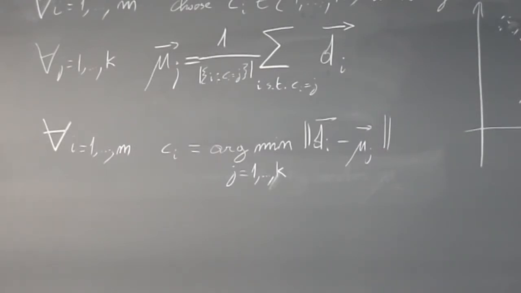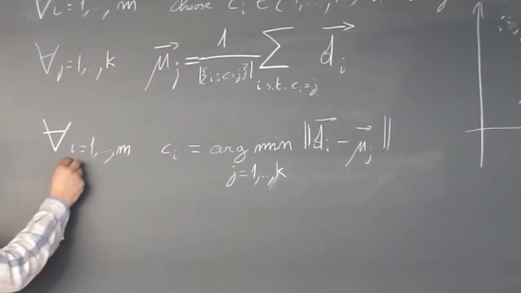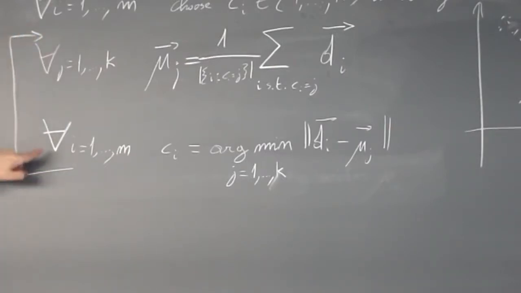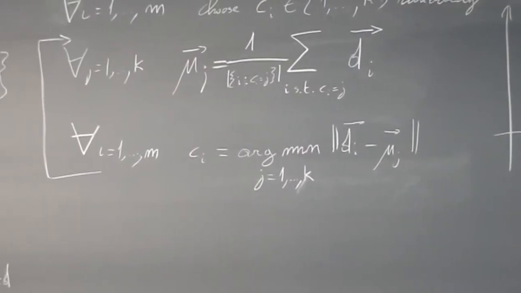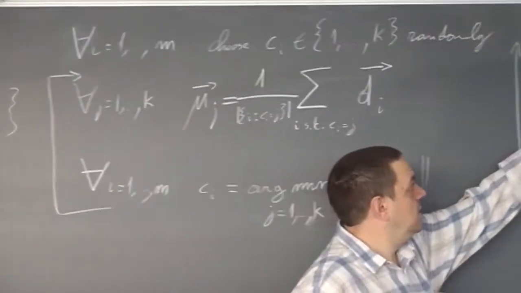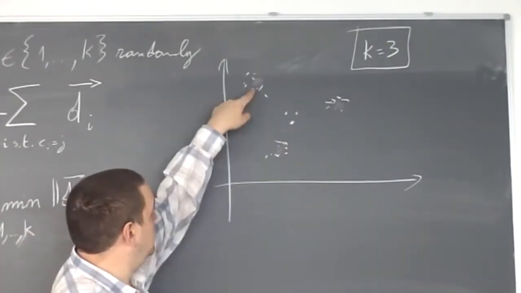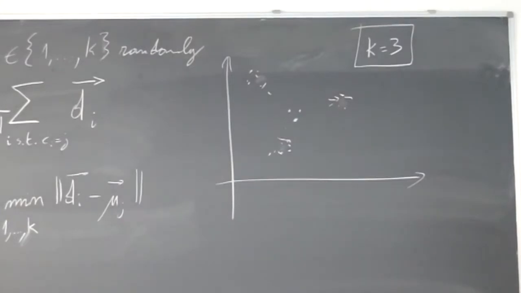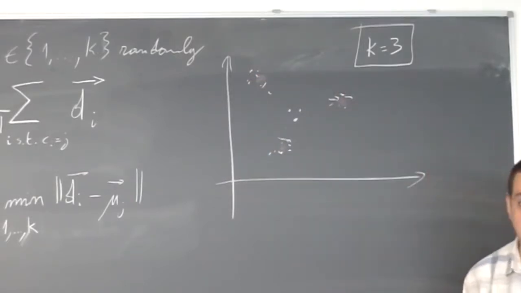Okay, what's going to happen here? What I claim now is that if we repeat these two steps again and again, the cluster representatives will migrate, each to one of these clusters.